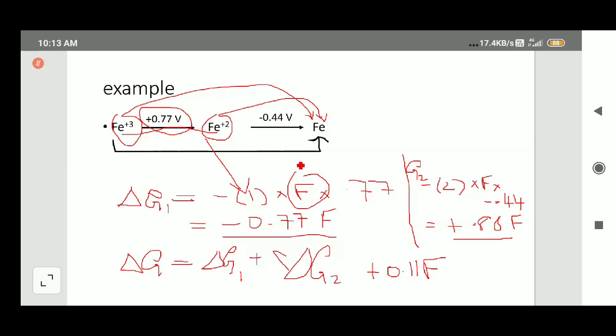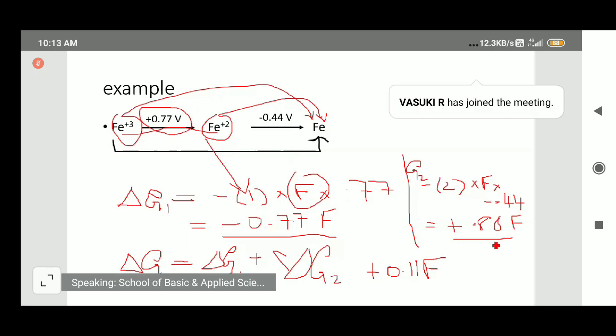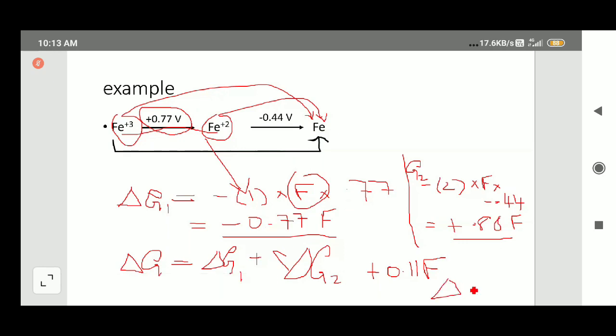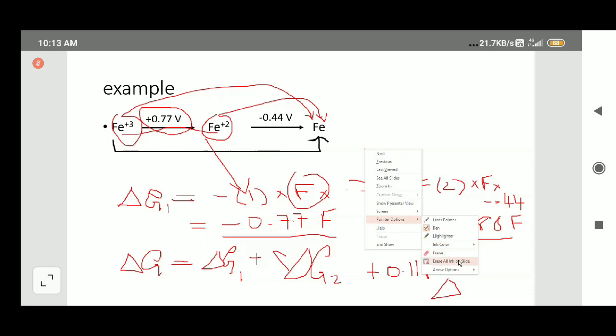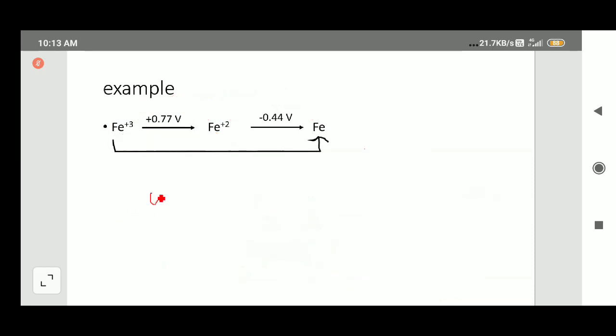Now we want to know what is the E value for Fe3+ to Fe0. That conversion is a 3 electron process. So you know delta G, the same value: delta G is 0.11 F, which we calculated for this Fe3+ to Fe.